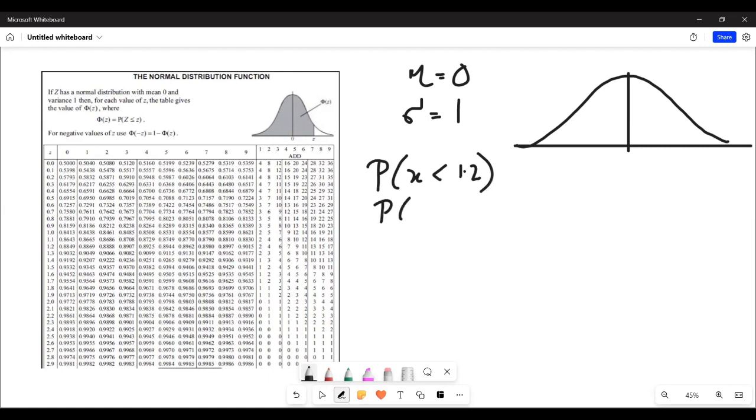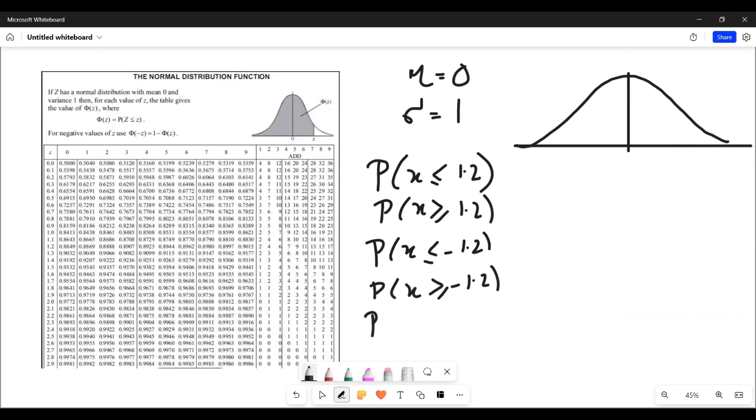Then we learned how to use the table for cases like probability x is, let's say, less than 1.2, then probability x is greater than, in fact, it's supposed to be equal to, look, it says equal to here. So equal to 1.2. Then it could be probability x is less than or equal to negative 1.2, probability x is greater than or equal to negative 1.2. Then probability x is in between two values, for example, 1.2 and 1.4.